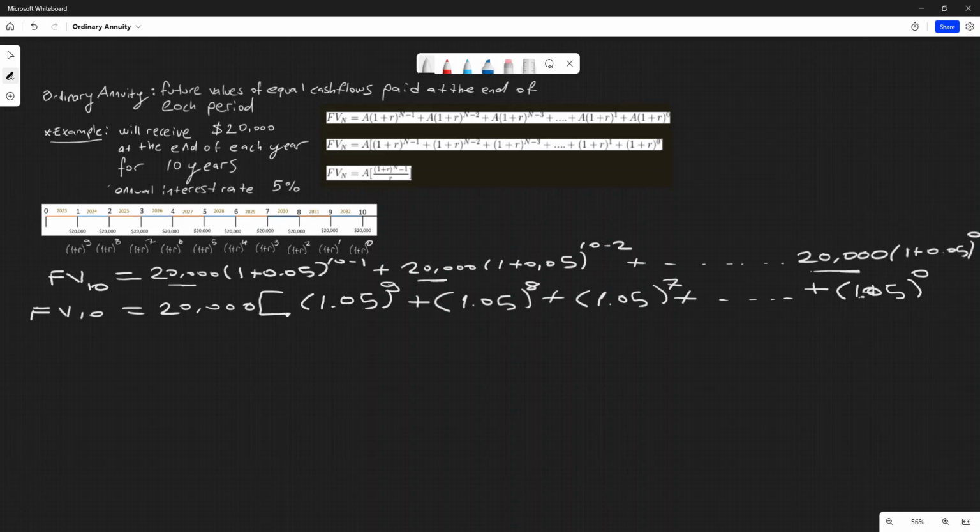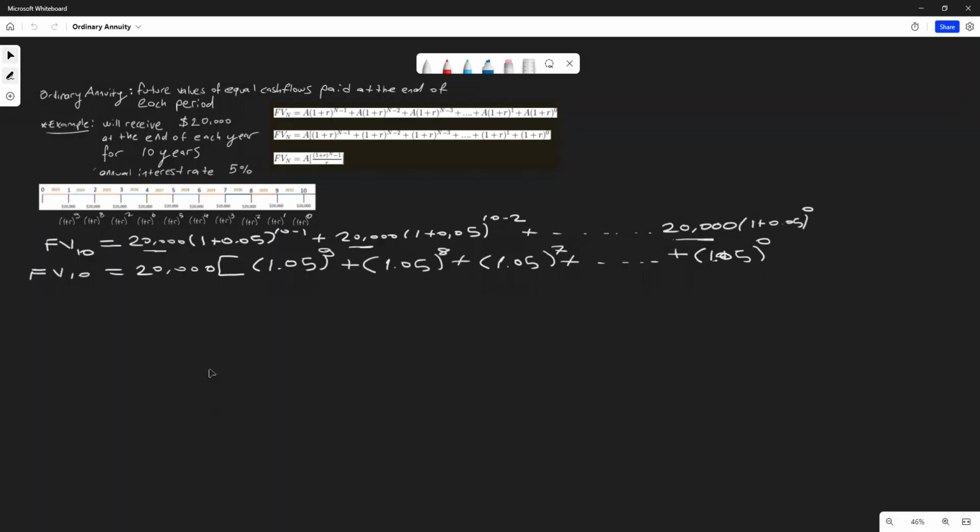You have seen that, and using some of the properties of mathematics, this formula here boils down to this formula here.